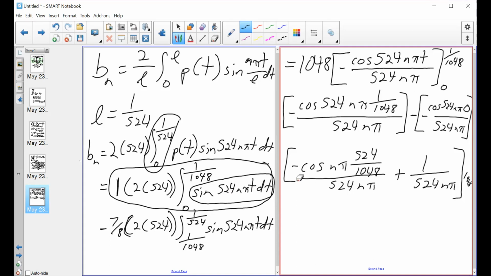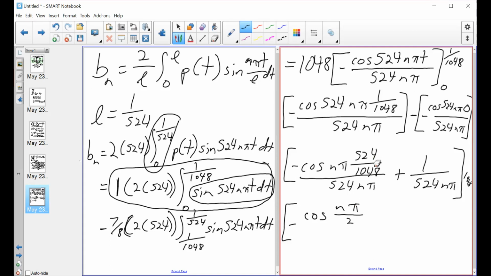All right. Since I mentioned the term even function, I'll give you a slight segue into what are even functions and odd functions. But before that, I'm gonna solve this. So this becomes negative cosine n pi over 2.